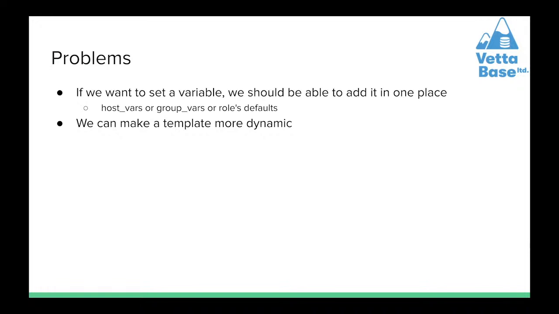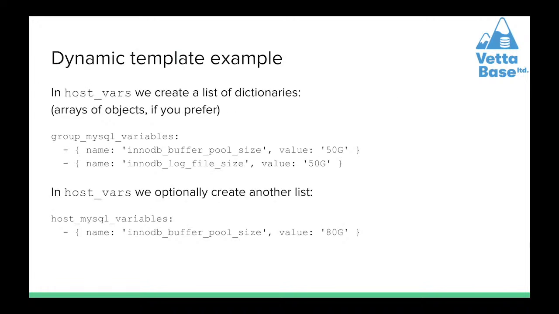We have to list all the variables that we want to set. If we have many templates, well, it can be quite inconvenient. So here is a better way to make a template, in my opinion. Not everyone uses this technique, but this is something I really suggest.